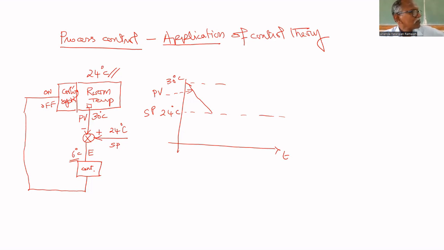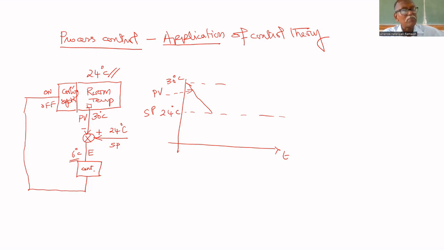So it starts decreasing. When set point equals 24 and the process variable also comes to 24, the error becomes 0. Suppose the temperature falls below 23.9, the error becomes positive. That's why the cooling system is turned off.